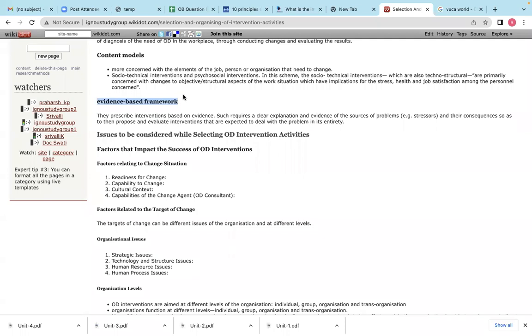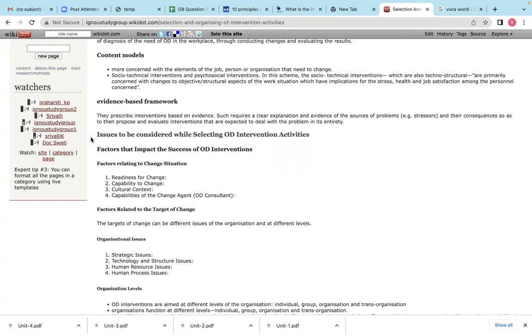So this is called an evidence-based framework. You have evidence that this works, and evidence that this doesn't work. So you could say: process model, content model, and evidence-based framework are very broad frameworks for choosing what OD activity needs to be done.